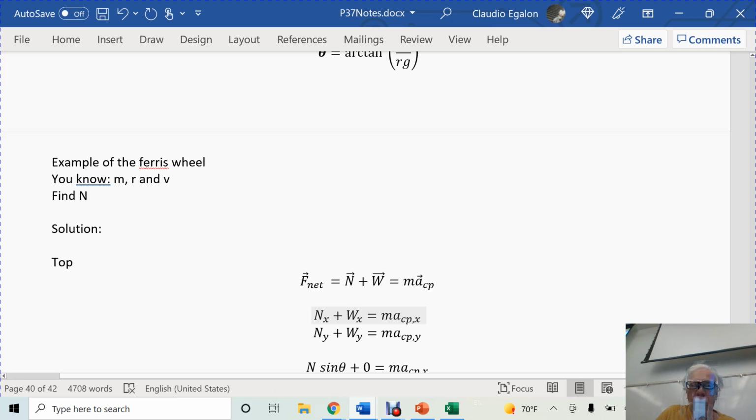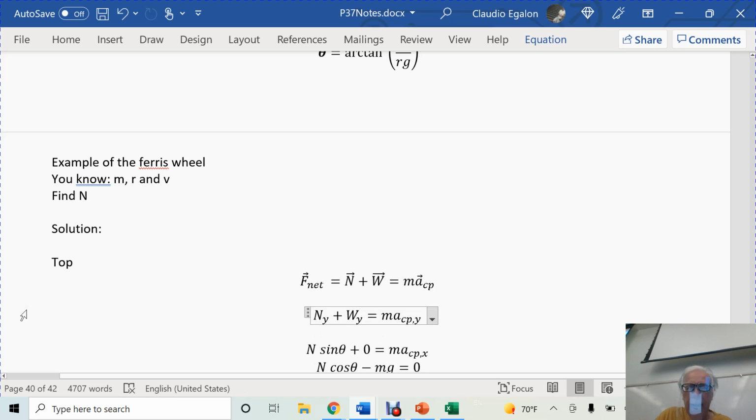Okay, so wait a minute. This is a one-dimensional problem, so we do not need this one here. It would become a two-dimensional problem if you had the Ferris wheel at an angle other than the top and the bottom. So we're going to have n_y plus w_y equals the centripetal acceleration in the y direction.